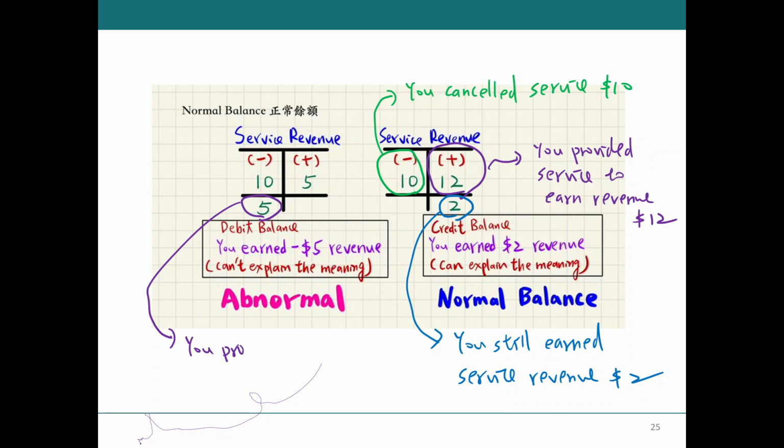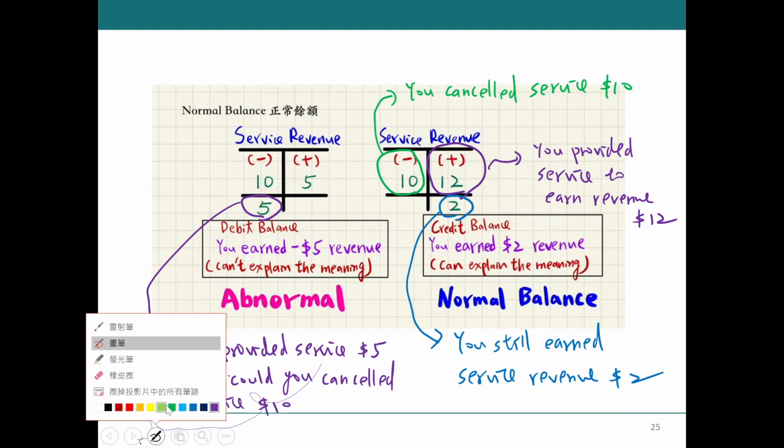You provided service of $5. How could you cancel $10 of service? Impossible, right?